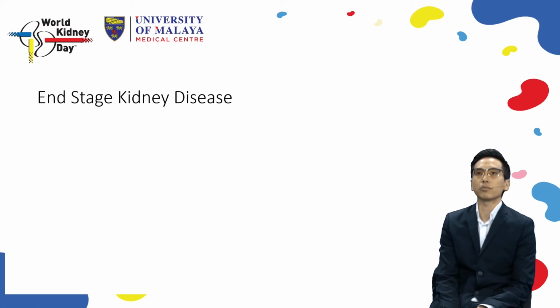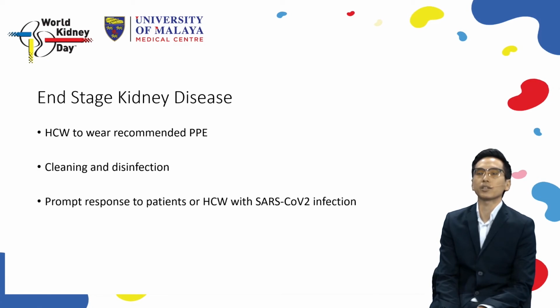Healthcare workers are required to wear the recommended personal protective equipment when dealing with patients who are at risk of exposure or who are positive. Facilities are required to be cleaned and disinfected regularly. And every facility should have a guideline in place on what steps to take if a patient or healthcare worker is positive for COVID-19 or has a high risk exposure.